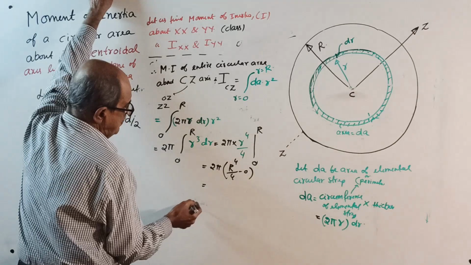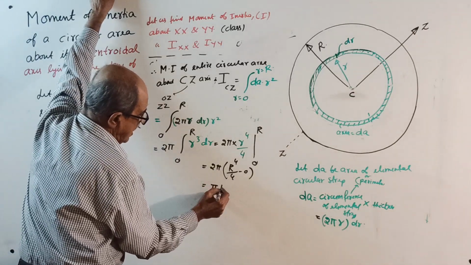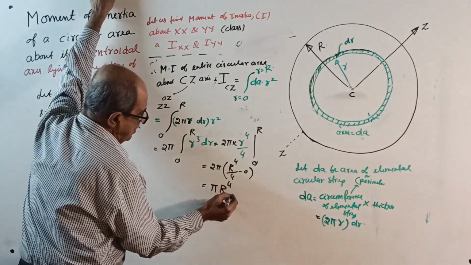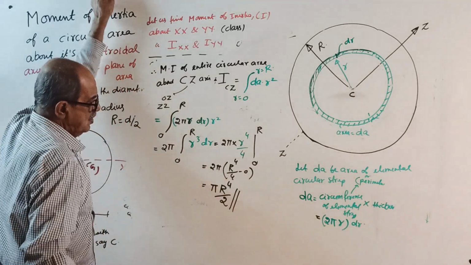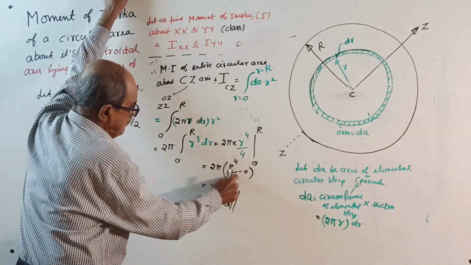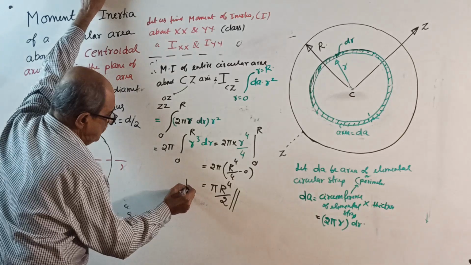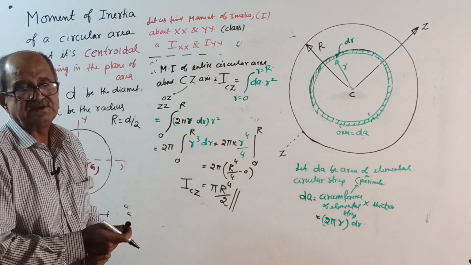So it is pi R power 4 divided by 2. This is your I_CZ. This much you get first.